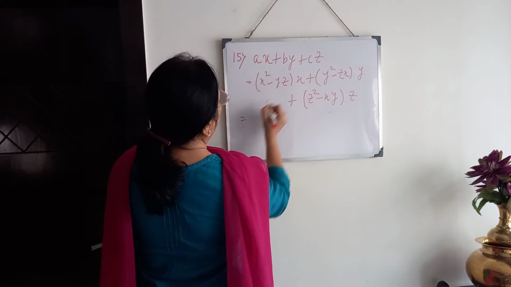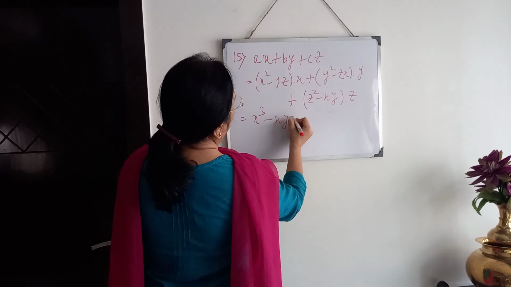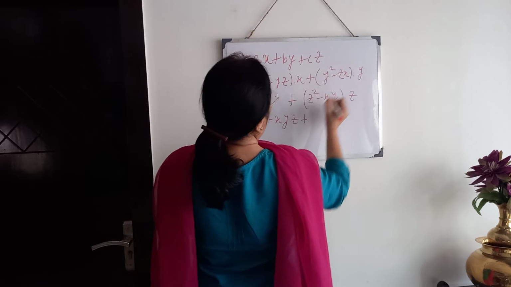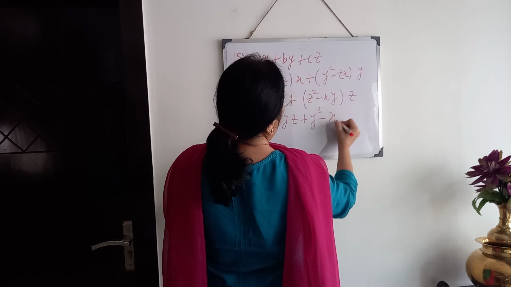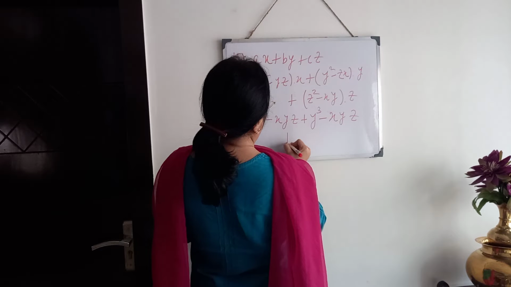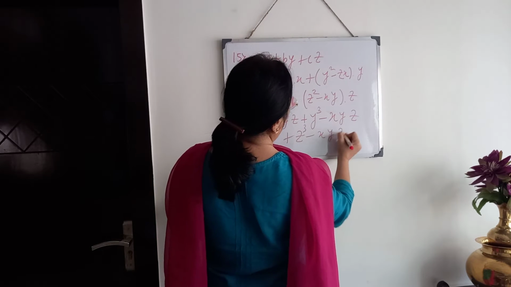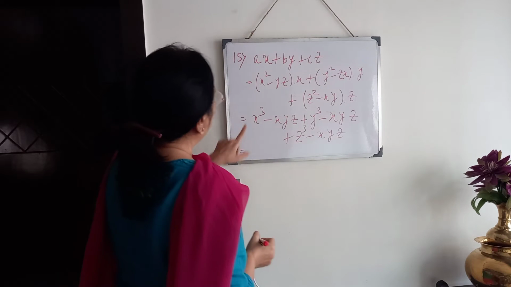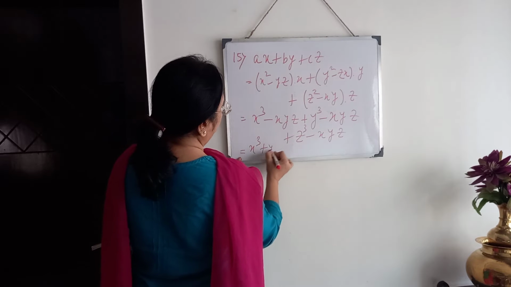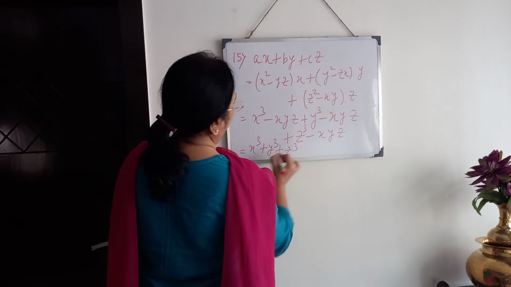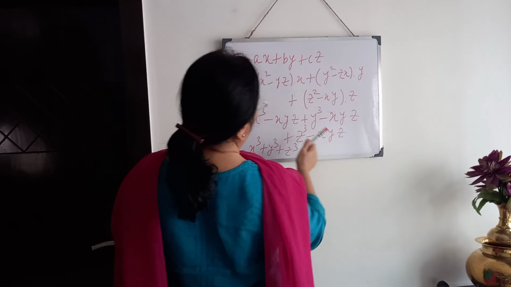So x square into x, that means x cube minus xyz, plus y square into y, y cube minus xyz, plus z cube again minus xyz. Now you see x cube, y cube, z cube, only single term, x cube plus y cube plus z cube, and there is minus xyz minus xyz minus xyz.